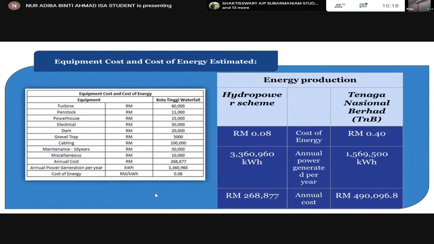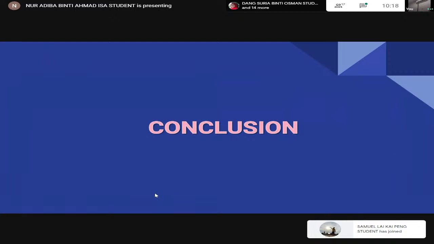After being calculated, the annual cost for the hydropower scheme is RM268,877 per year compared to the TNB price, which is more, at RM490,096.80. That's all from me. I will give my friends the chance to present the conclusion.